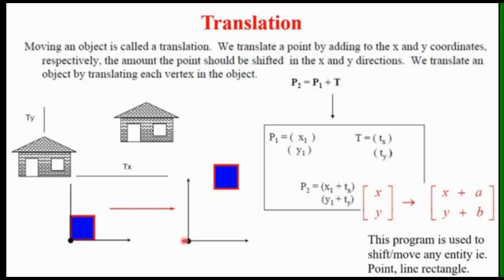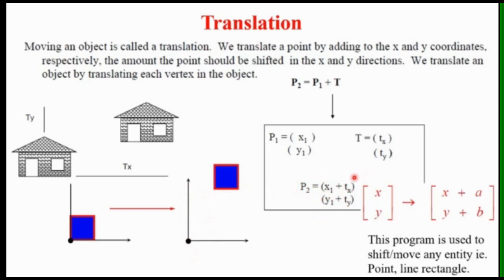Coordinates of P1 are x1 and y1, and the coordinates of P2 are x1 plus this certain tx, and y1 plus this certain distance ty. So the coordinates of P2 are x1 plus tx, y1 plus ty.